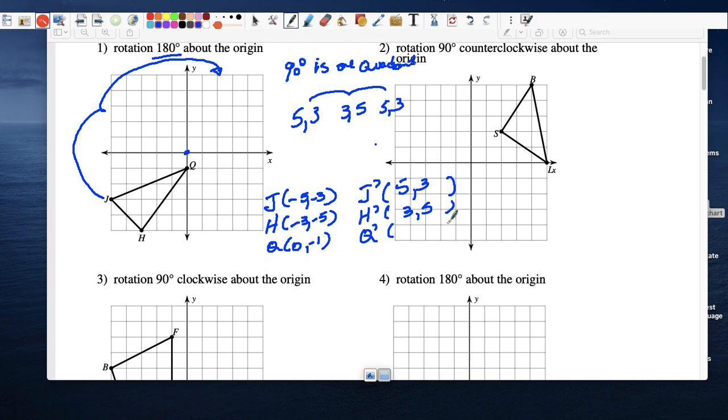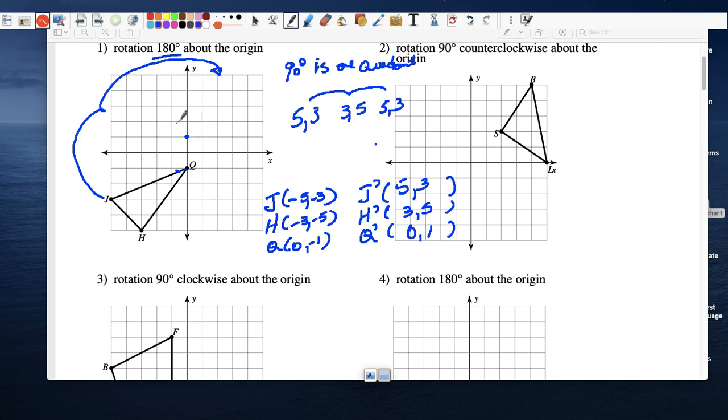Point Q is going to go from the y-axis to the x-axis over here. Sorry, not this axis, it's going to be on the y-axis, but on top. So it's going to go from this axis to this axis, and then to this axis. And point Q is going to be 0, comma, positive 1.